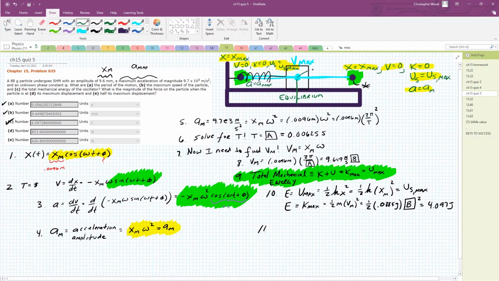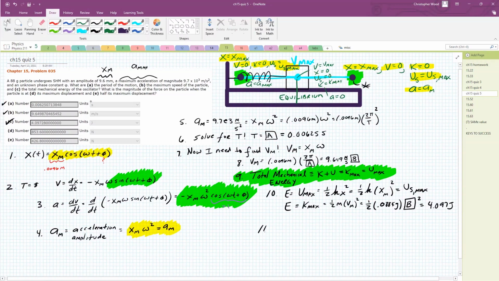Here, v equals v max, as I indicated. x equals 0, U_s equals 0, K equals K max, and a equals 0. So a great but sloppy yet busy visual, but I think a lot of it's in there.